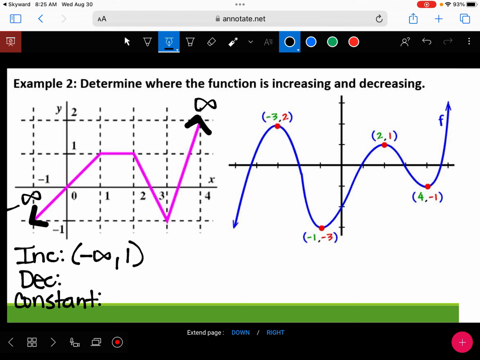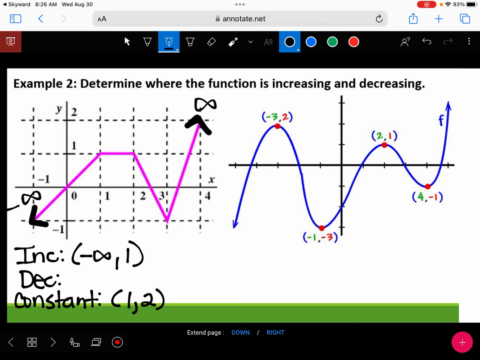So this is what you just told me, is that from negative infinity to positive 1, the y value is increasing. And then when we get to 1, from 1 to 2, it's staying constant. Y is constant. So that 1 to 2, and this is an interval, not an ordered pair.